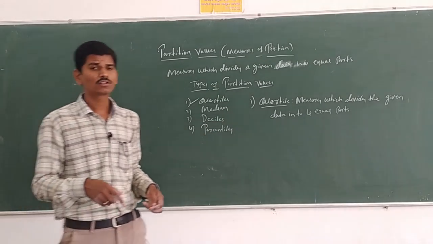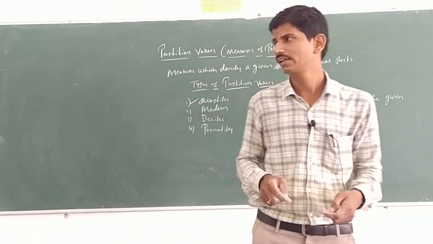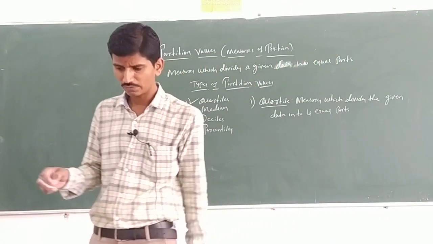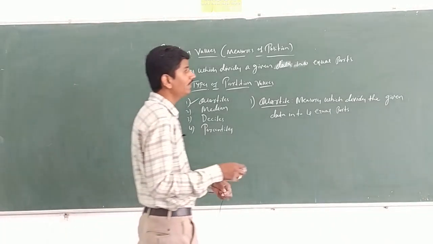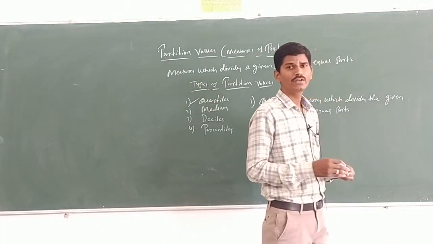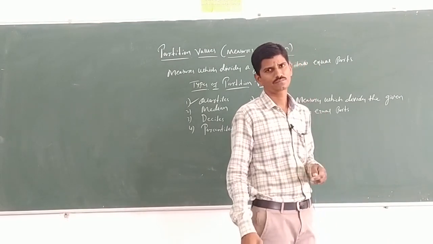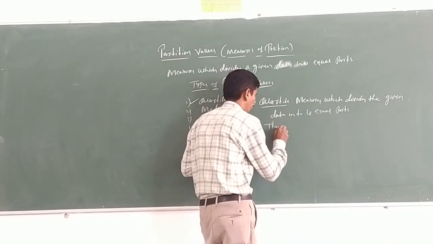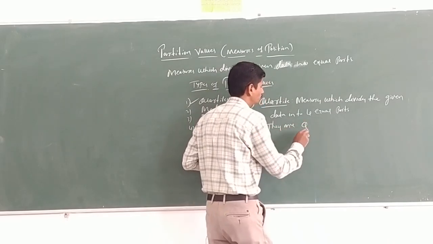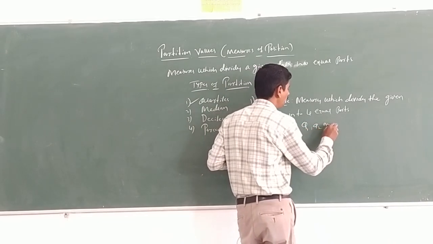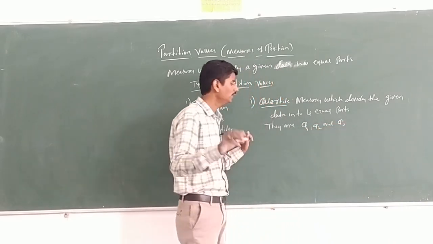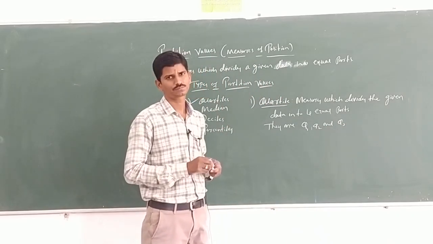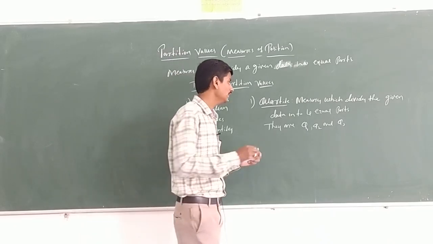There are totally 3 quartiles which divide the given data into 4 equal parts. They are Q1, Q2 and Q3.